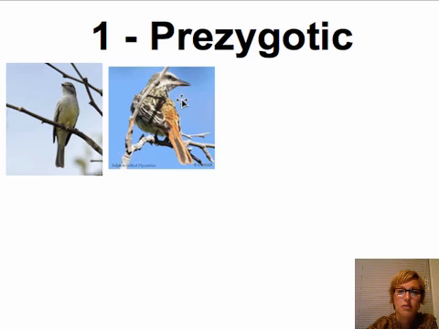So our first pre-zygotic barrier, an example of this, are these flycatchers. Now I think there's like 387 species of flycatcher in the whole world, but in North America alone there's 36 species. And the reason that there's so many different species is because of habitat factors.